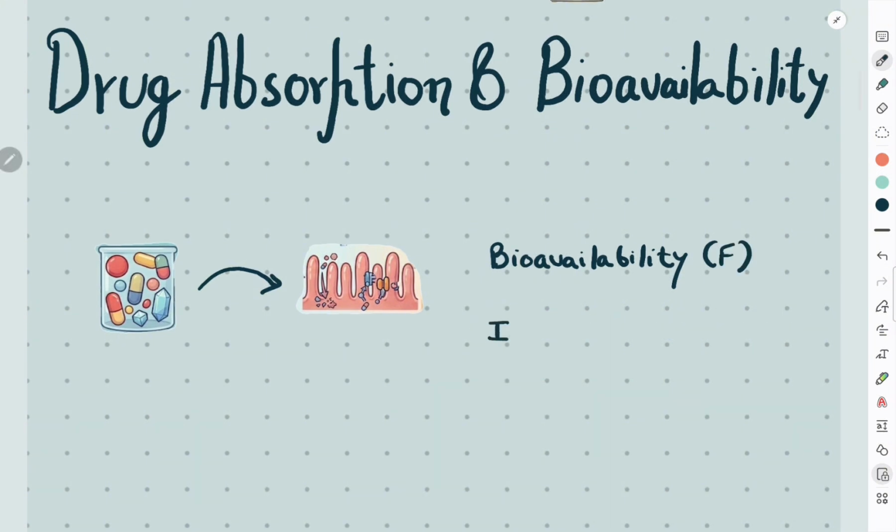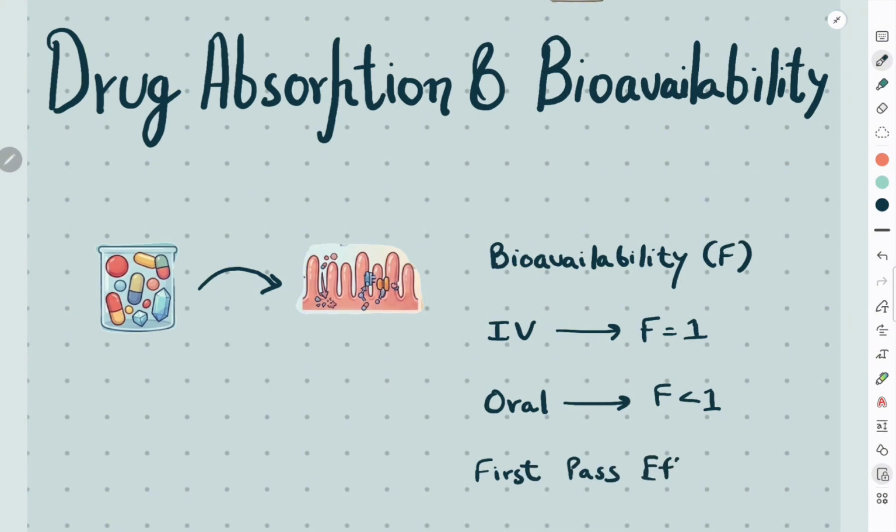When you give a drug intravenously, its bioavailability is automatically 100%, or an F value of 1. But when a patient swallows a pill, its bioavailability is always less than 100% due to incomplete absorption and a ruthless physiological gauntlet called the first pass effect.